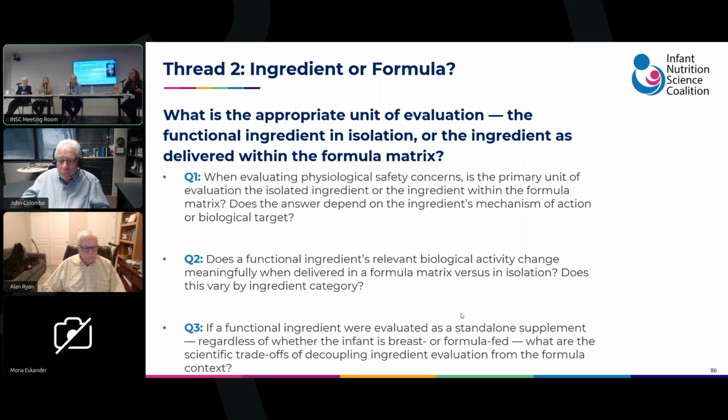Is that information or evidence generation actually supportive of the use of that ingredient in an infant formula? Or does the very fact that you've isolated the ingredient for investigation negate its applicability within the context or the matrix of an infant formula?